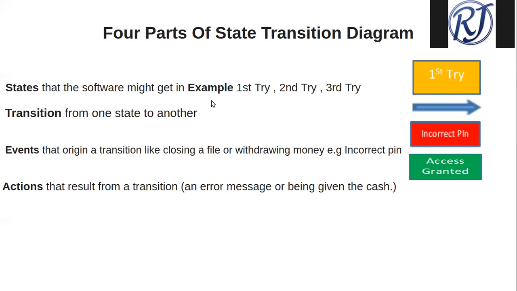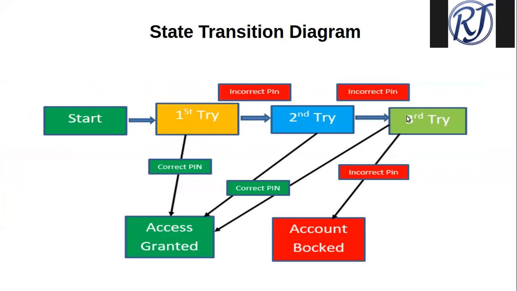So first is states. The states the software might get in, for example, are first try, second try and third try. So state means when a software reaches a different state. Here we are representing states with yellow boxes, that is first try, second try and third try.